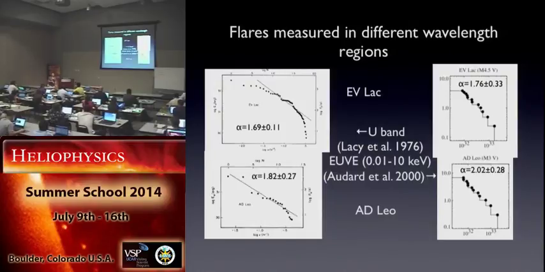As I remember, there's no evidence on the sun that towards microflares the index changes; it's still about 2. We cannot observe energies even below that, in the nanoflare region, and say whether the index still steepens into the nanoflare region or not, but at least the microflare region still has the same index.